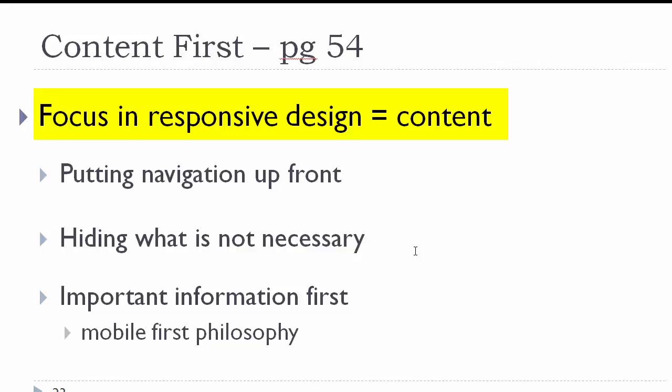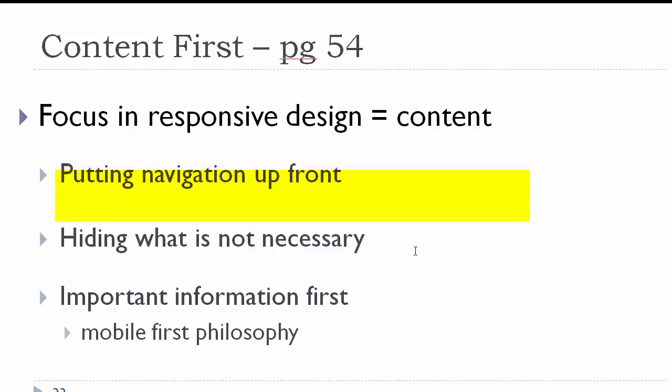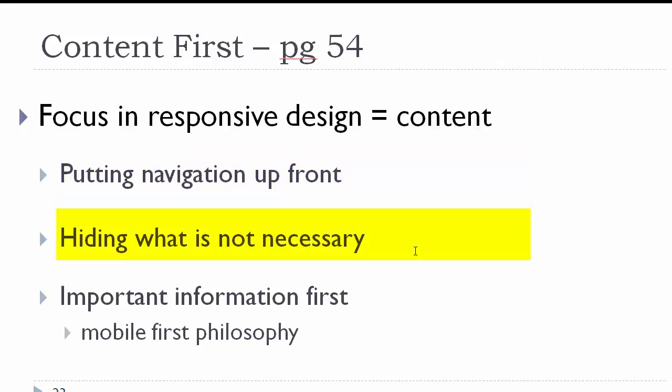So you want to make sure that you have your goals and objectives identified. You want to make sure that you have a good navigation system somewhere up front so they can find the important things. We will look at hiding what is not necessary. So you might have some things on your websites for your desktop computers that you won't have for your smaller screens because it doesn't really need it.